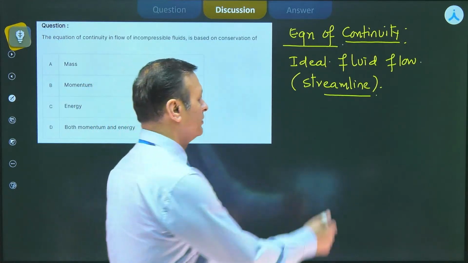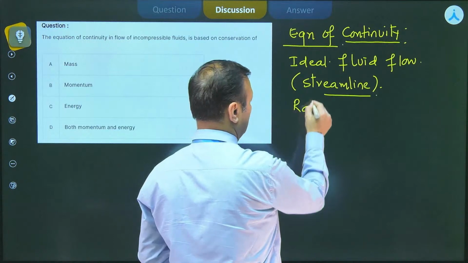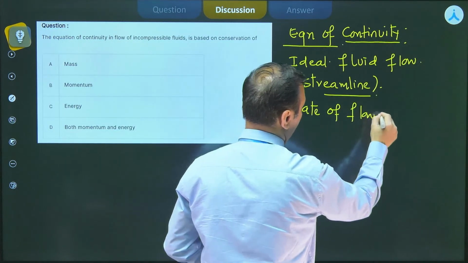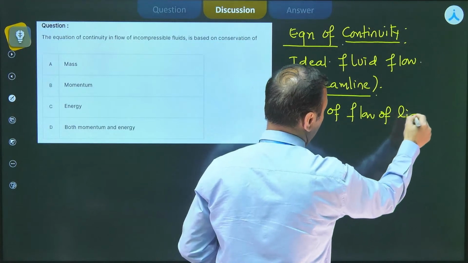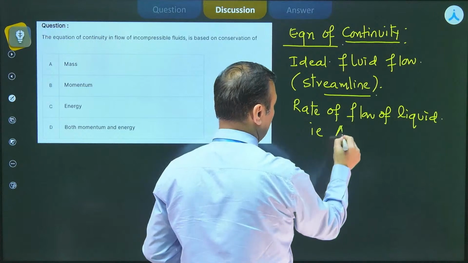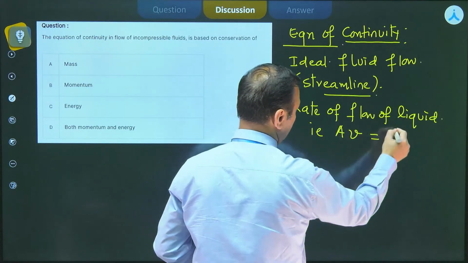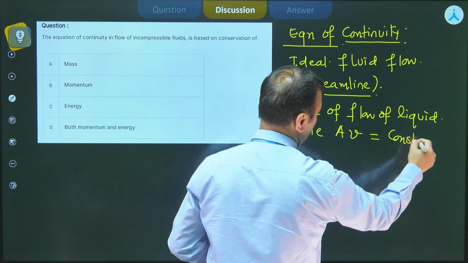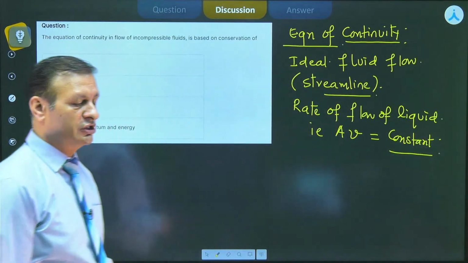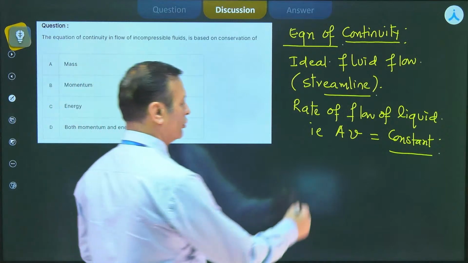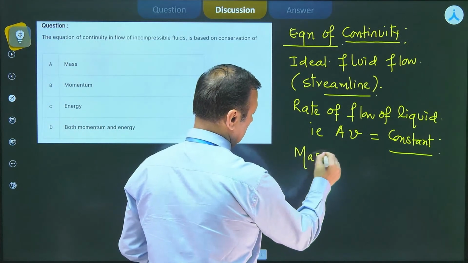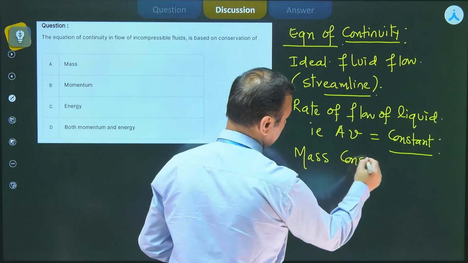So it means rate of flow of liquid, that is area of cross section into speed, remains constant. So this is based on your mass conservation.